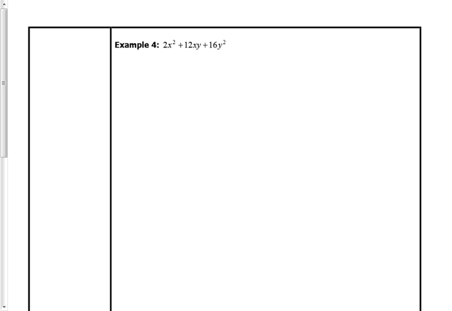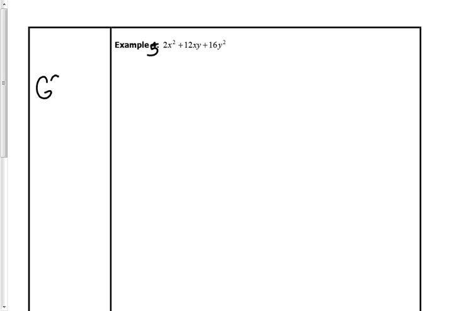Okay, example 4, last one here. Actually that should have been example 5, right? So I have 2x squared plus 12xy plus 16y squared. This time I have more than one variable. That doesn't necessarily make it any more difficult here. Because it said factor, I'm going to look for a GCF.